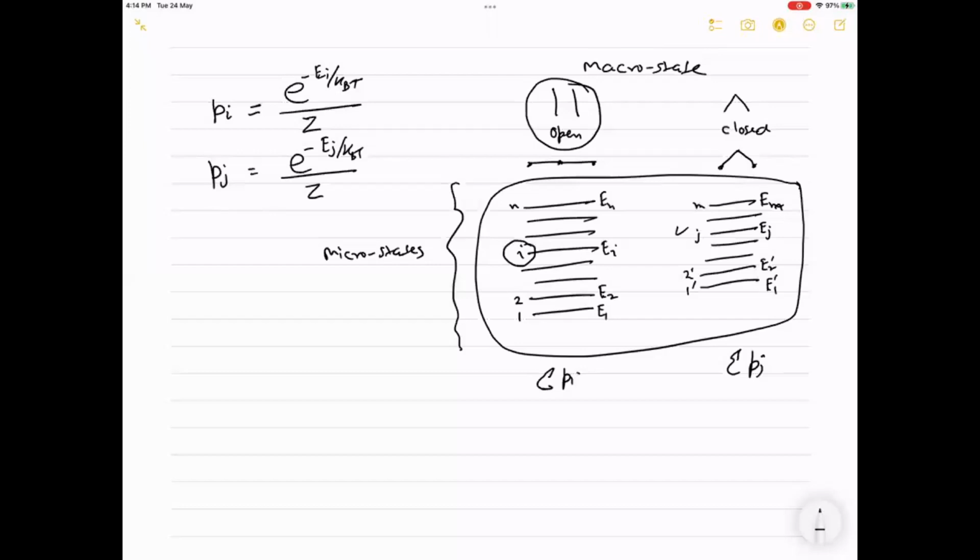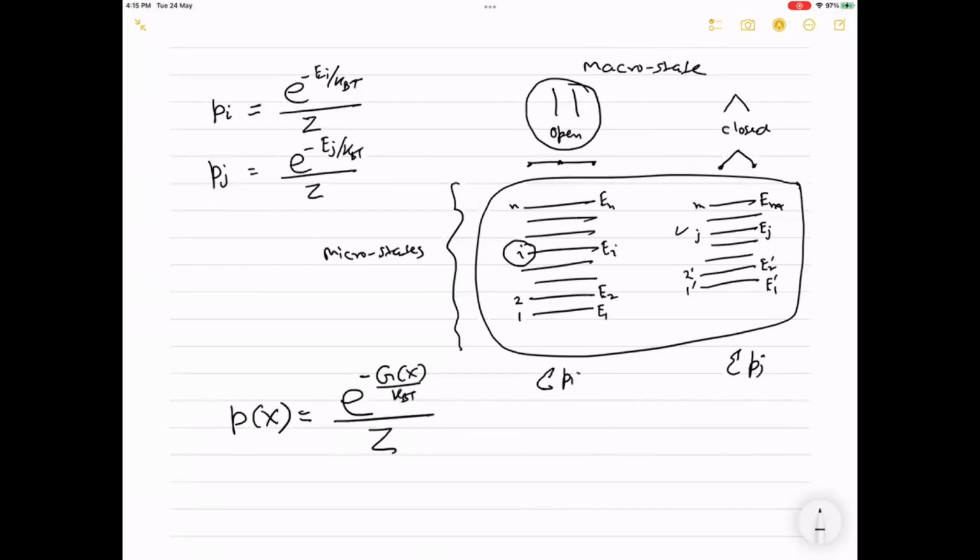However, if somebody asks what is the probability that the system will be found in a macroscopic state X, then again you can use the Boltzmann law. The difference is that instead of the energy of the state, you will have the free energy of the macroscopic state.